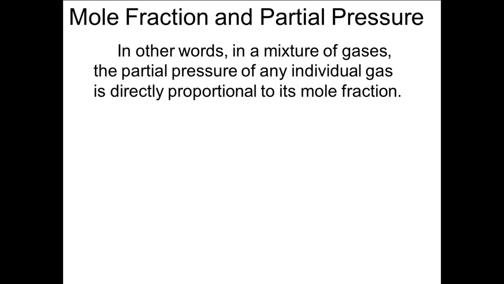In other words, in any mixture of gases, the partial pressure of a gas is the total pressure of the mixture times the mole fraction of the gas. Mathematically, we have partial pressure of gas A equals the total pressure times the moles of gas A over the total moles of the gas equals P total times the mole fraction of A.